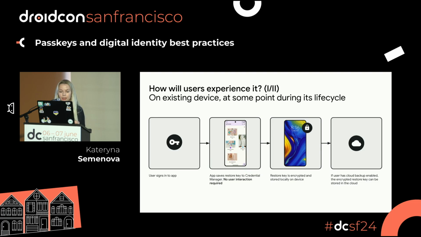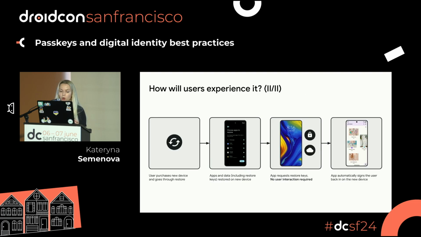And let's say they purchase a new device and go through the backup and restore flow, the encrypted key will be available during this process, and apps can use it to authenticate users automatically. So at this step, there's no user interaction required as well. The app automatically signs the user back in on the new device.